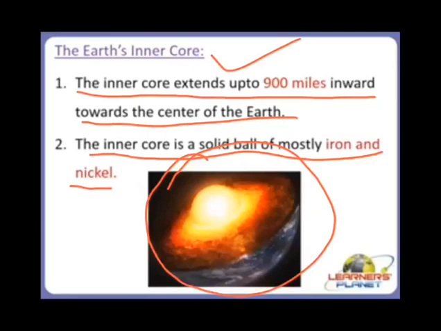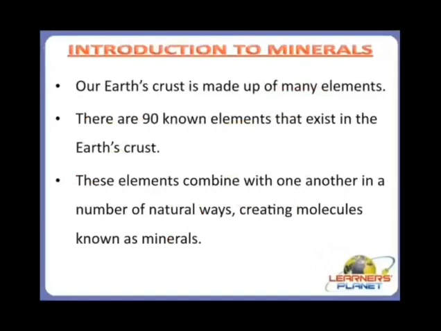Now let's move forward. Our earth's crust is made up of many elements. There are 90 known elements that exist in the earth crust, like iron, aluminium, cobalt, uranium, thorium, tungsten.